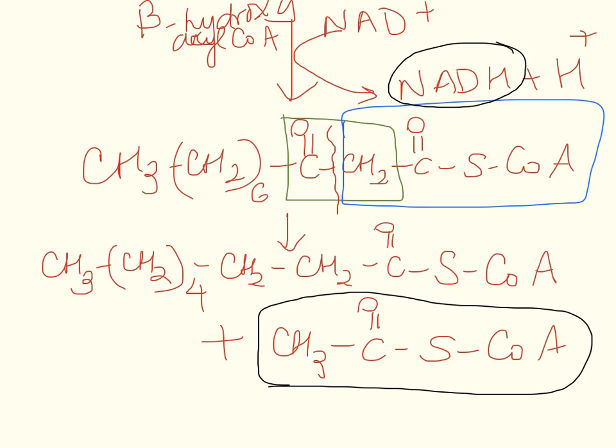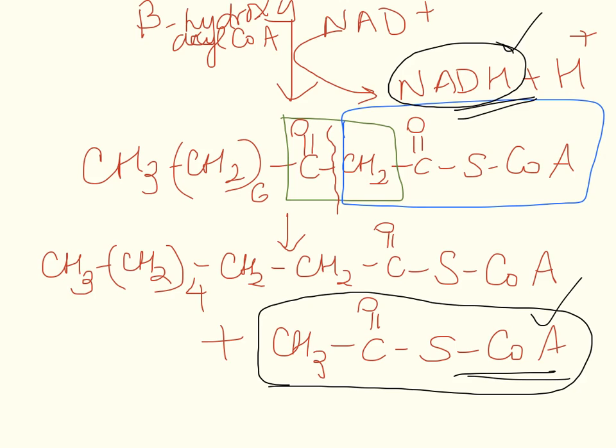So what's the importance here? These 2 molecules are very important coenzymes in metabolism reactions in biochemistry. So, beta oxidation of fatty acids produces NADH and acetyl coenzyme A, which are important.